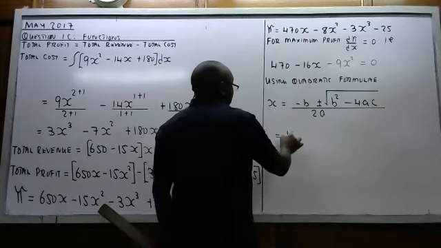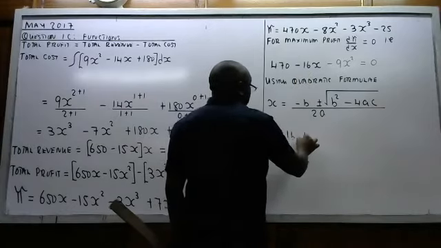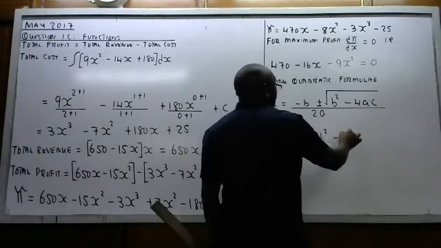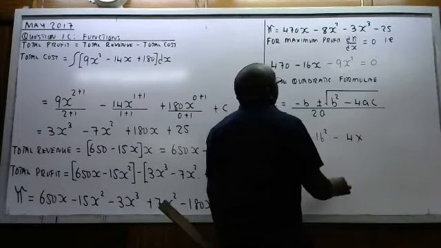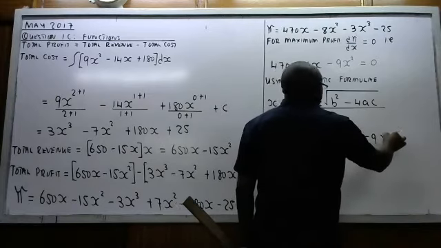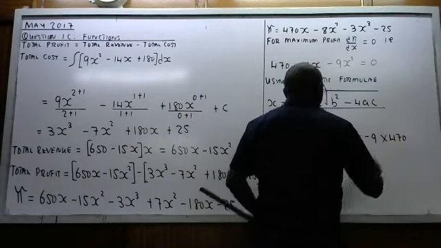You will get minus minus 16, that is 16, plus or minus the square root of 16 squared minus 4 times a, where a is minus 9, times c, which is 470.